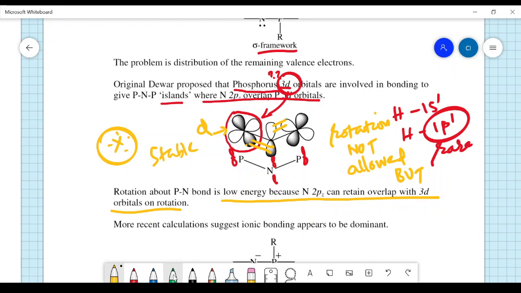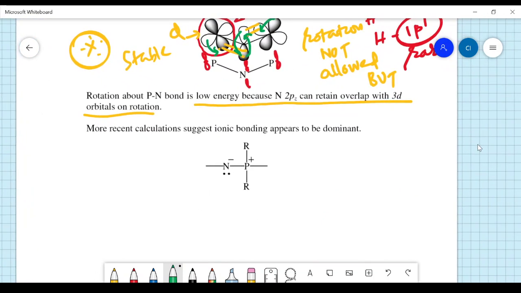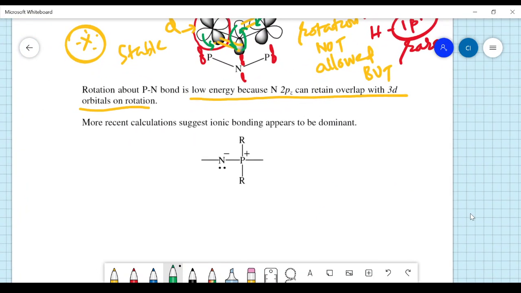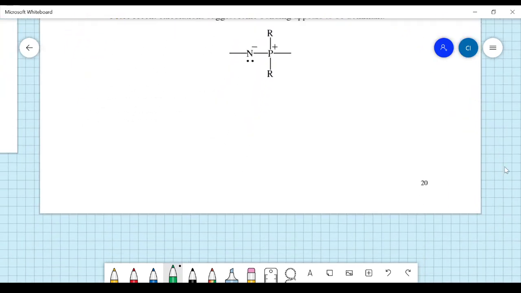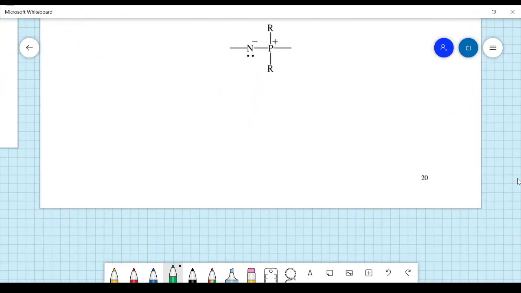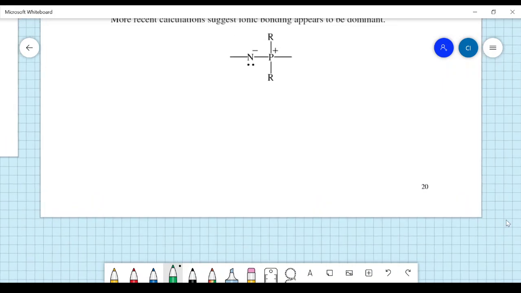At one point you can have this going like this and this coming like this, and therefore this also coming like this, to give the required symmetry overlap. So it's a very good theory suggested by Dewar. Some more recent calculations suggest that ionic bonding appears to be dominant. So this is the final structure of the polyphosphazene (NPR2)n.